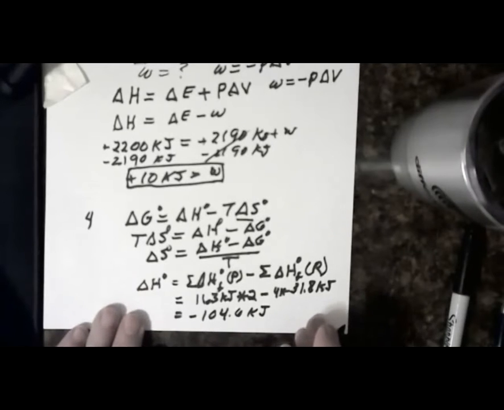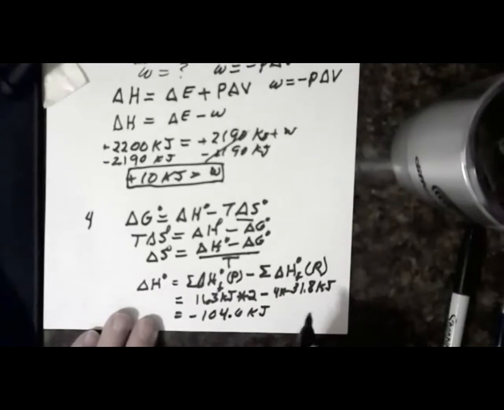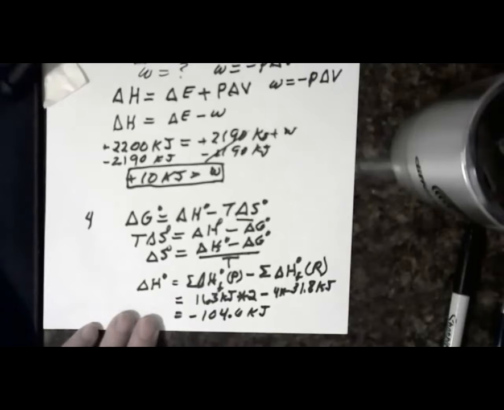I think I got it right, but I can check the idea on the side. This is an oxidation reaction, which is another word for combustion. If it happens fast, they give off heat, so the sign ought to be negative. I might have done the math wrong, but the sign certainly is correct.